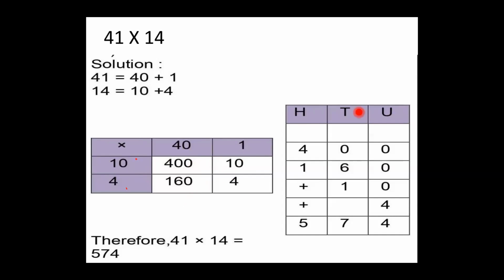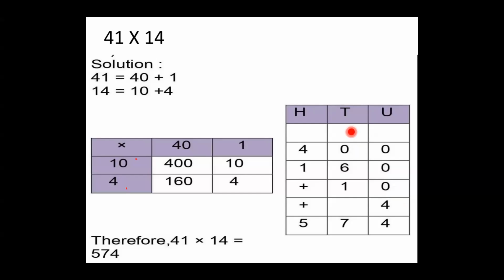So here is the table with hundreds, tens and units, in which we are going to place the number 400 plus 160 plus 10 plus 4. Now look at the unit place. Unit place is 0 plus 0 plus 0 plus 4. Answer is 4.